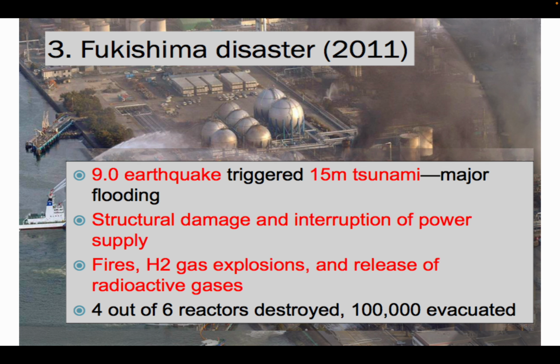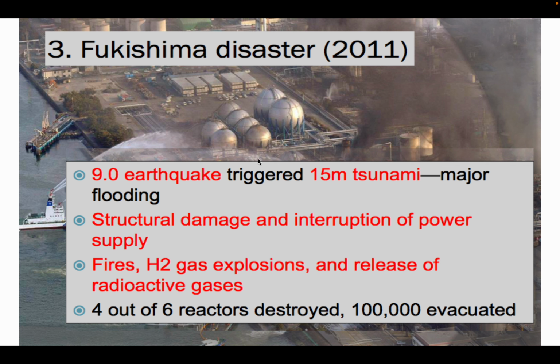You had a 9.0 earthquake off the coast of Japan, which again is not really that out there for Japan. That's pretty typical. Not typical. 9.0s are pretty unusual, but still, Japan lies at the convergence of 3 plate boundaries. All right, this triggered a 15-meter tsunami. So you had major flooding, and it flooded this power plant, Fukushima Daiichi.